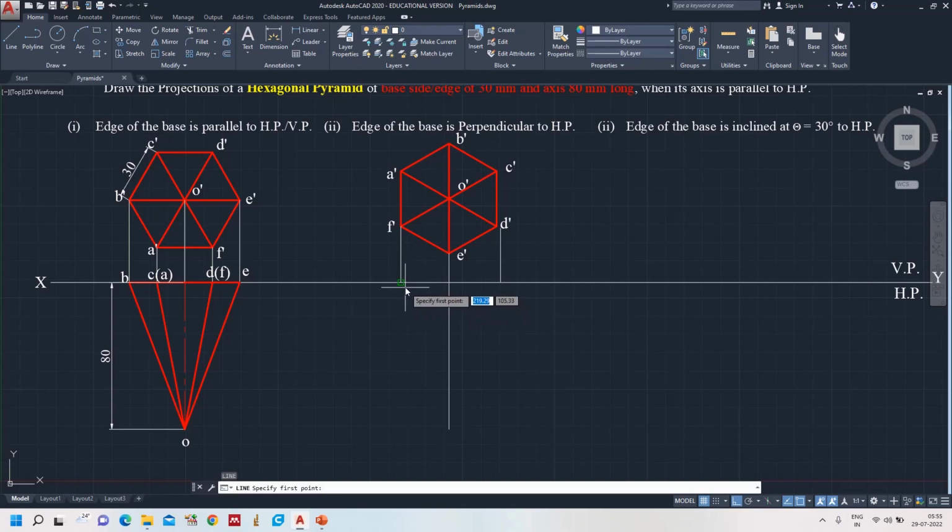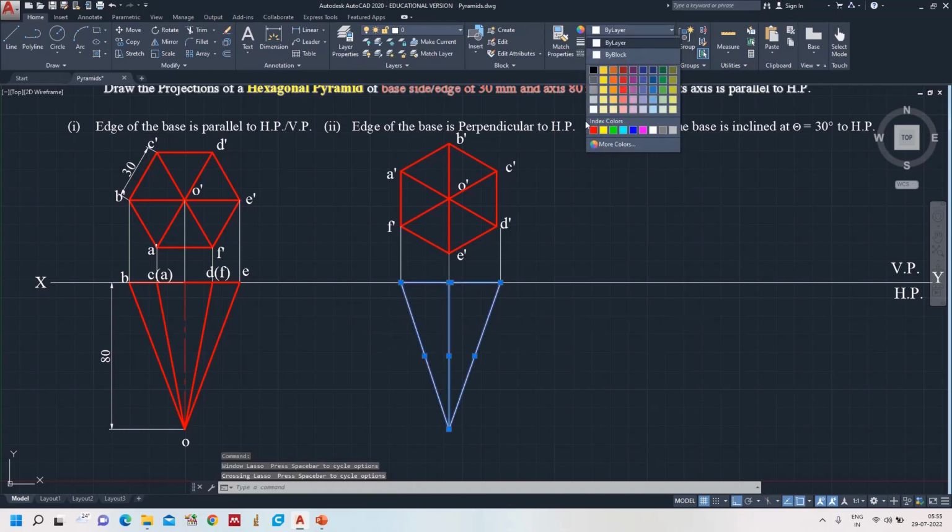Take the line, connect to the apex point. This is the base. As we discussed, in this case all the three are visible only.